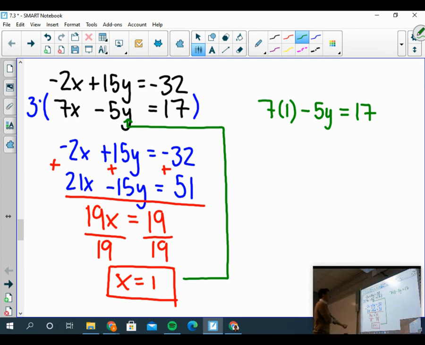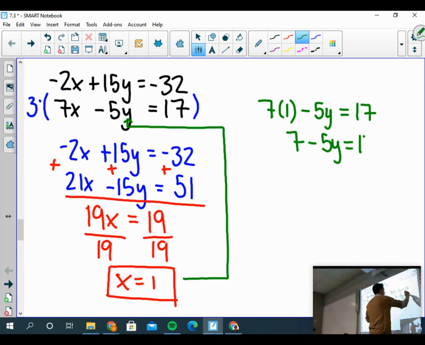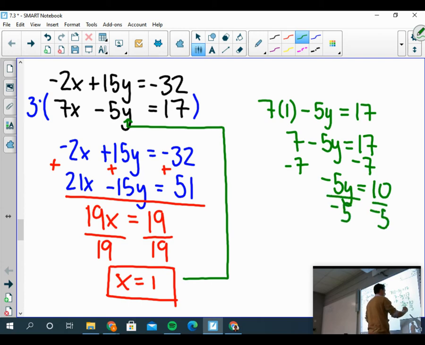I chose the second one, but of course not with the 3 distributed through. 7 times 1 will give me 7. I subtract 7 from both sides. I get negative 5y equals 10. Divide by -5, divide by -5, and y equals -2.